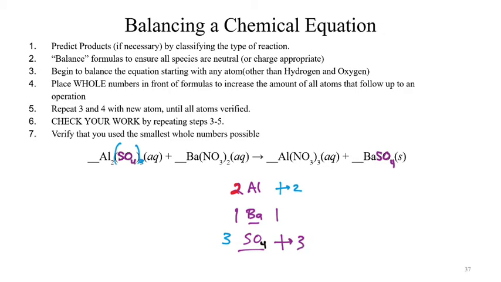Where do I put the 3? I have to put it in front. If I put it as a subscript, I'm now changing the formula, and I can't do that when balancing the equation. Balancing the equation, the only thing you are allowed to touch is that coefficient in front. Are your sulfates now balanced? So now what can we do?